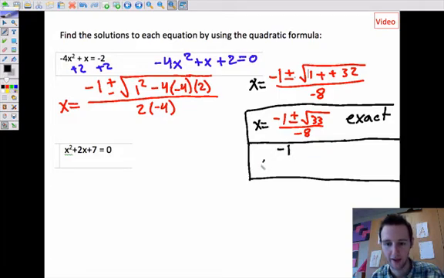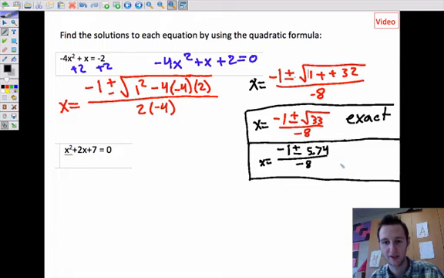So we're going to have x equals -1 plus or minus 5.74 over -8, which gives -1 plus 5.74, which is positive 4.74, divided by -8, which is about -0.59.